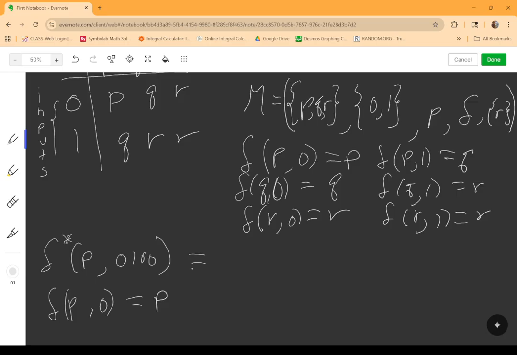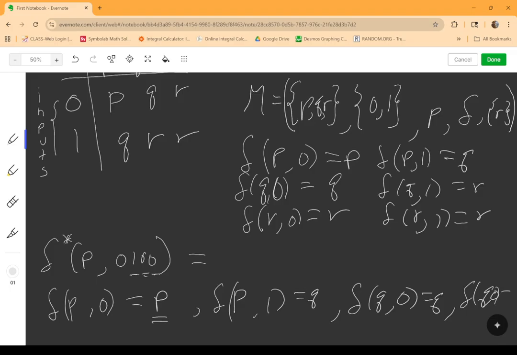So I'm at P, P0 is equal to P. The next is delta P, 1, and P1 is Q. Now Q is the state I'm in, and the next symbol I'm going to parse is 0, so Q0 is Q. Then lastly 0, delta Q 0, and that is Q. So the resulting output for this one would be Q. That would be the last step there.